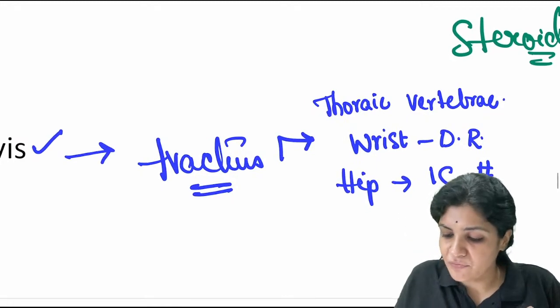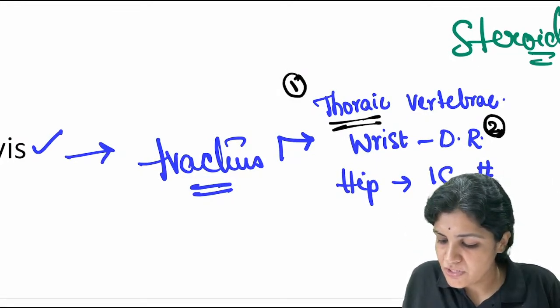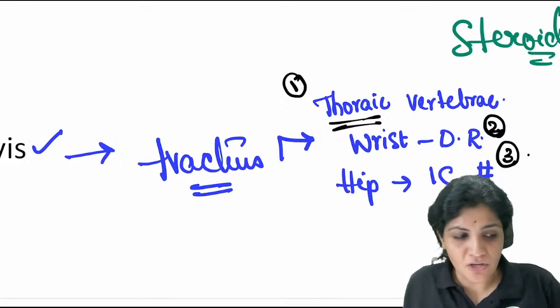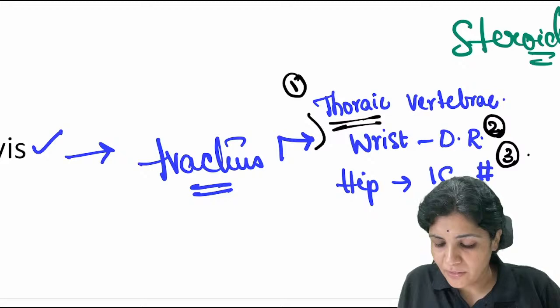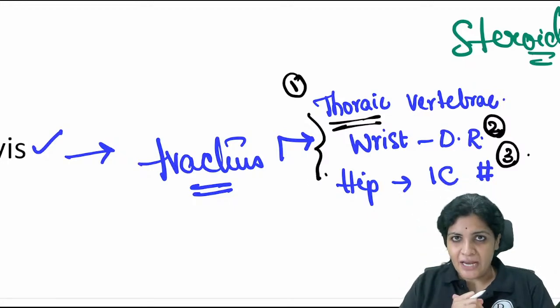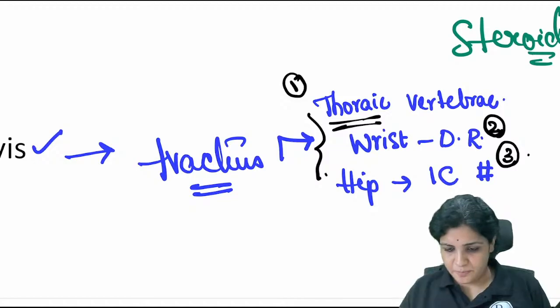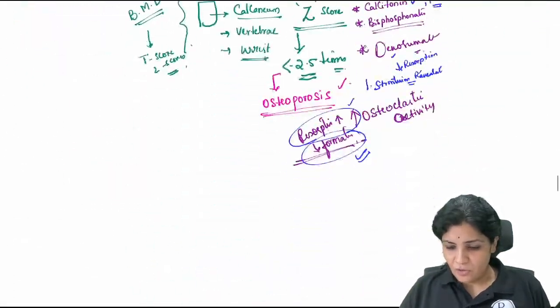So you have to be very specific in your answers. So one is your thoracic vertebra, the second one is your distal radius, and the third one is your intracapsular. Right? So these are the areas where you have to check whenever you have doubt for a patient suffering from osteoporosis. So that is about the osteoporosis.